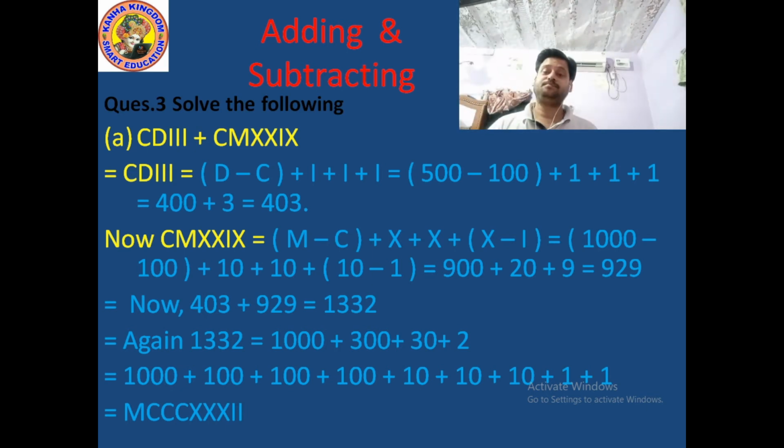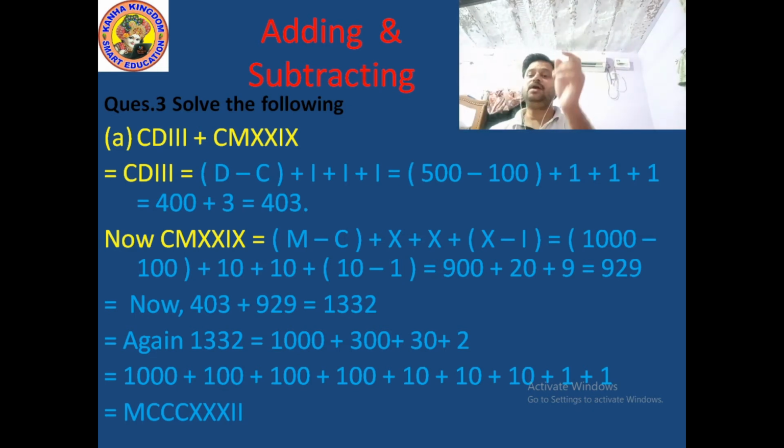So first bracket: M equals 1000 minus C equals 100, 1000 minus 100, bracket close, plus X equals 10 plus X equals 10 plus bracket start 10 minus 1, bracket close.